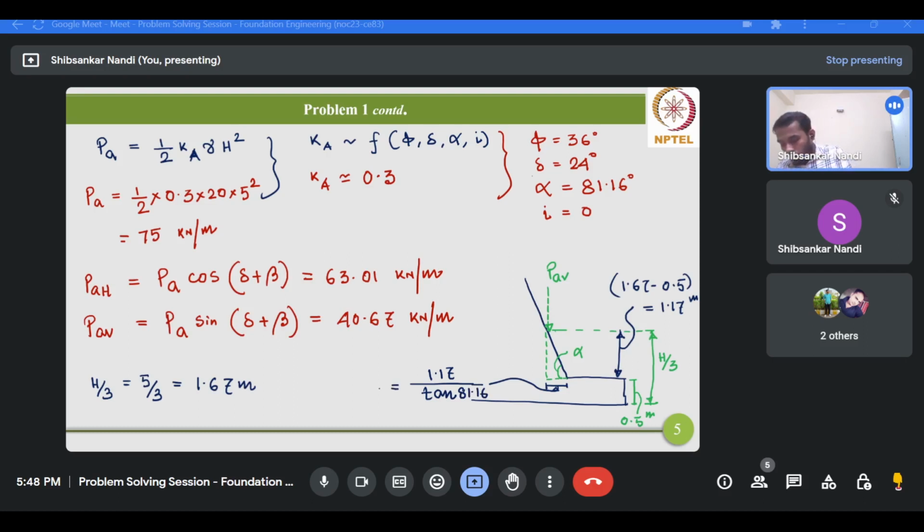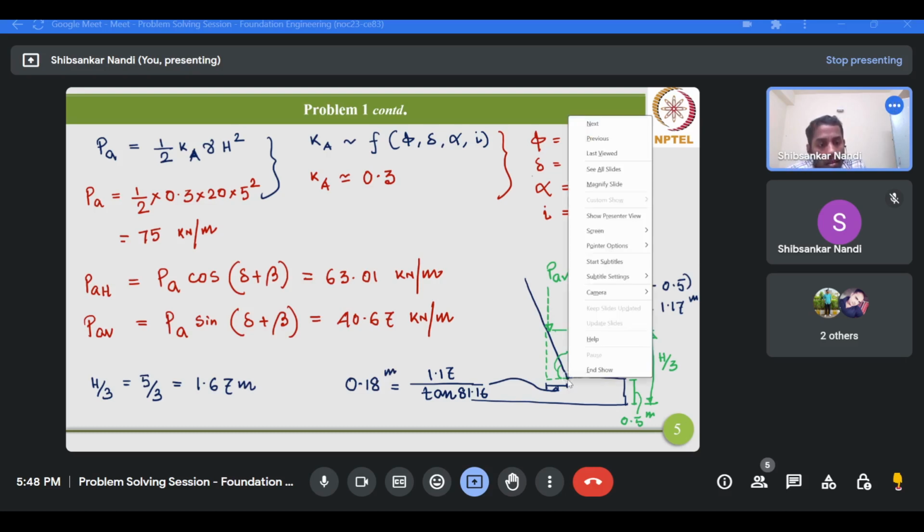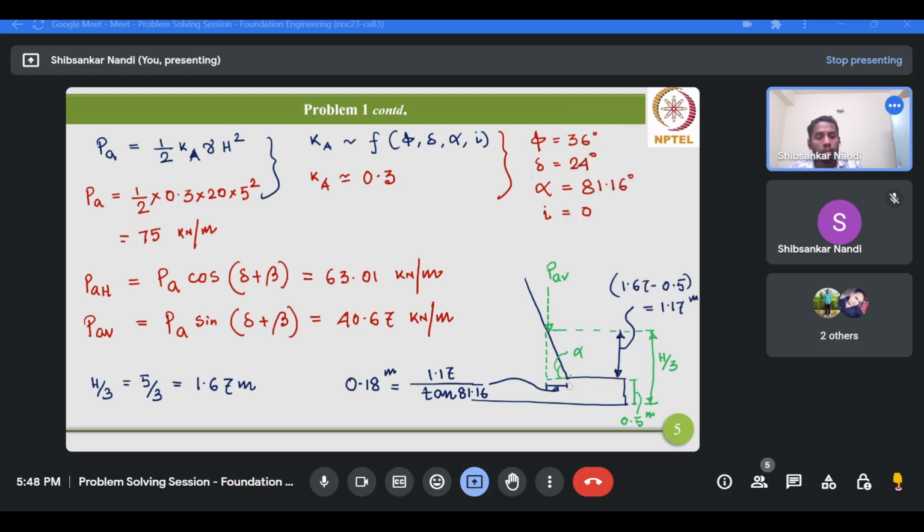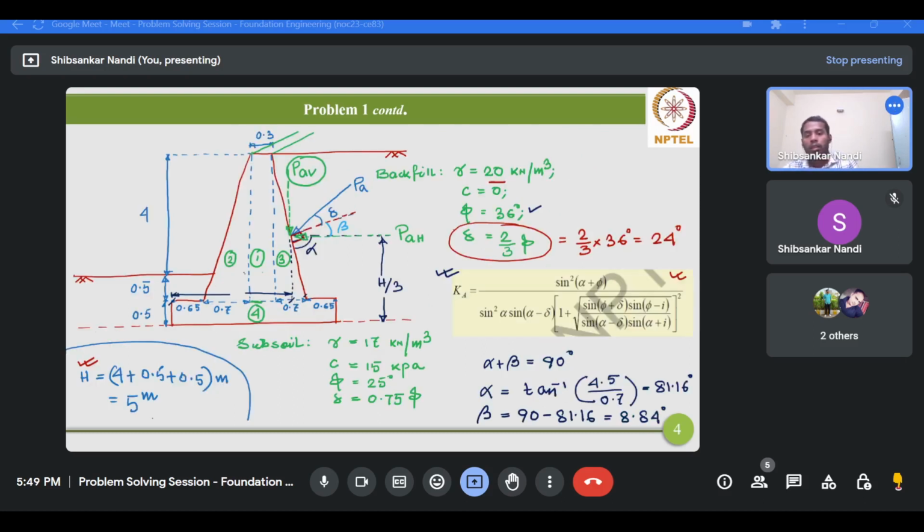So 1.17 divided by tan 81.16, so that will basically give you 0.18 meter. Okay, now 0.18 you are basically getting from this point. Now what you have to do now, you have to basically calculate this lever arm from this toe. So we'll calculate first up to this point.